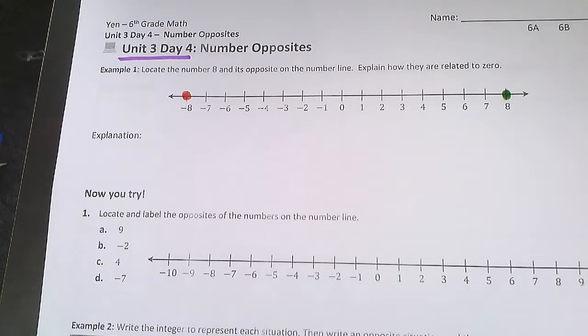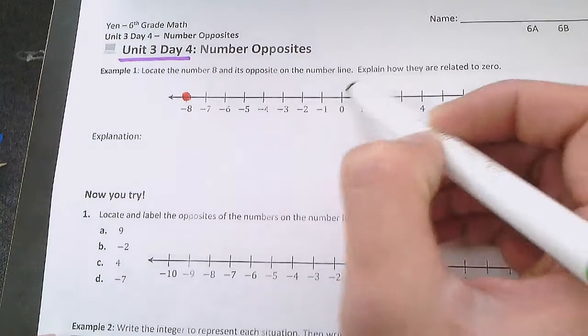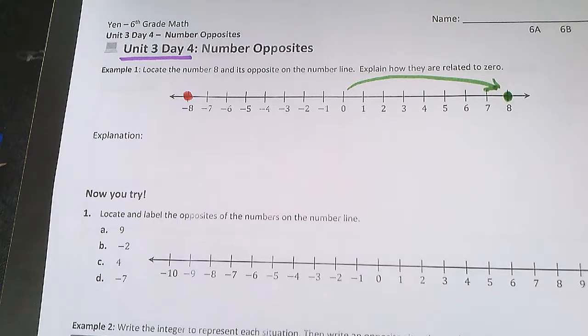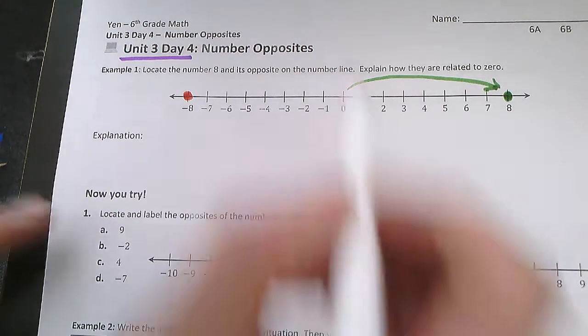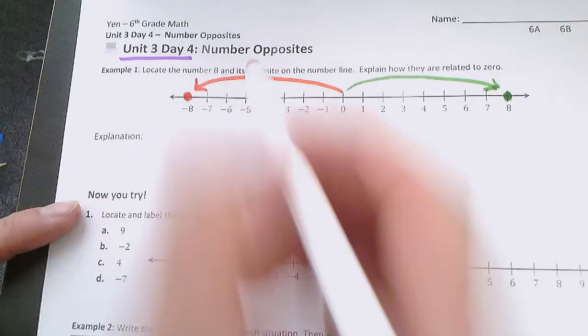And the way that we explain that they're related is positive 8 is 8 units from 0. And negative 8 is also 8 units from 0, but in the opposite direction.